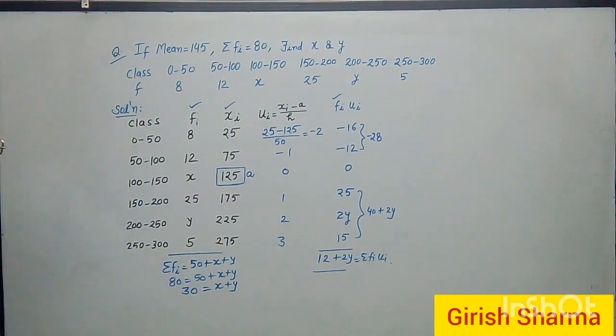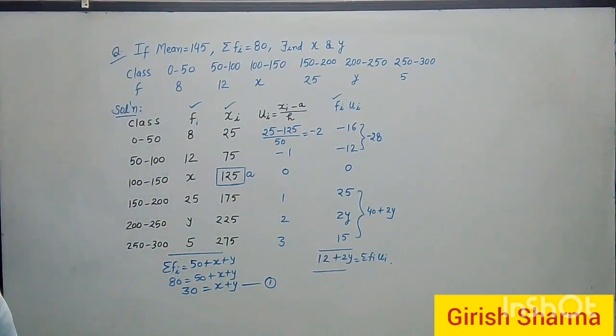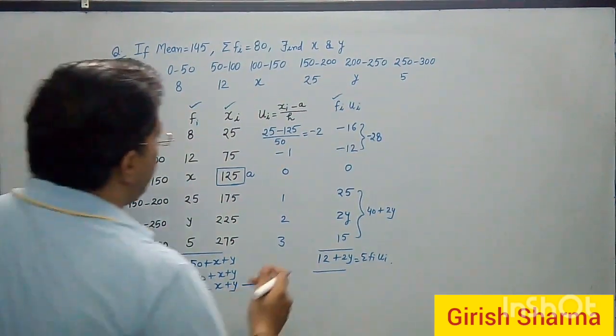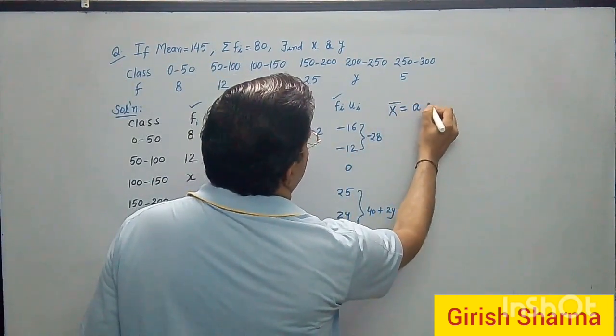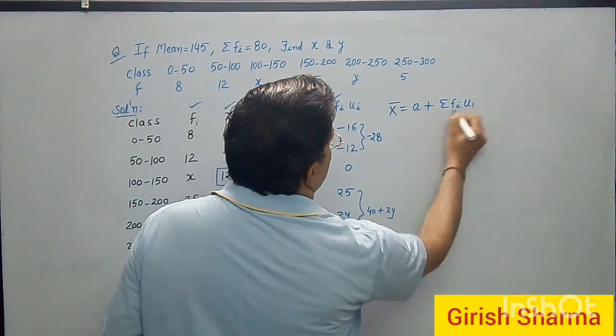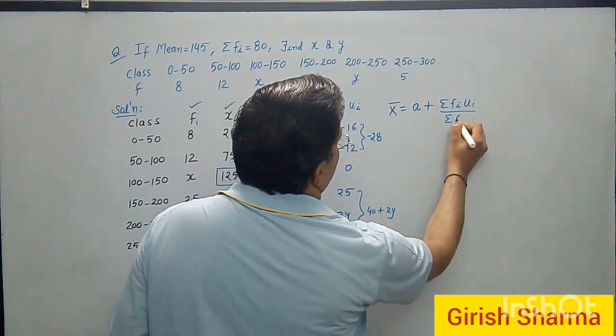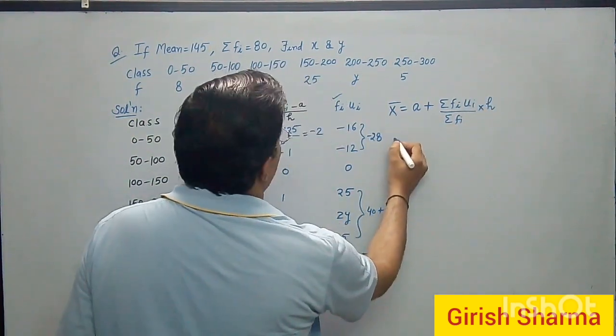Like this way you get the values for equation number 1, and the assumed mean is 125. Now we have to put all these values in the formula. What is the formula? See here: x bar is equal to A plus sigma fi ui upon sigma fi into h. What is x bar?